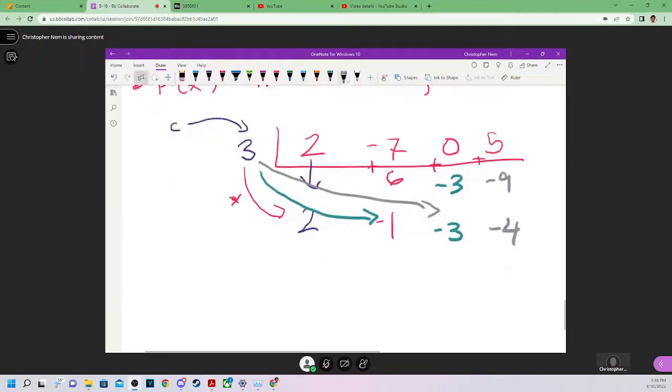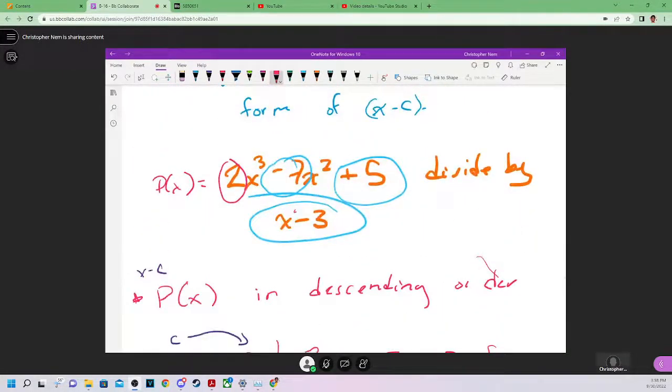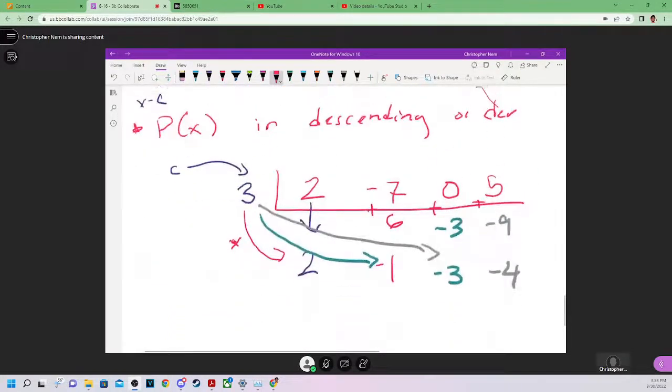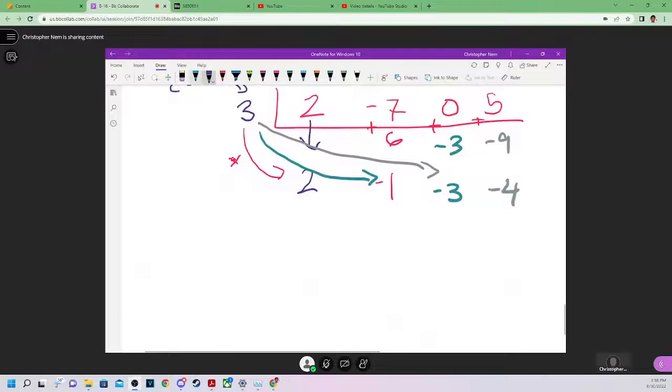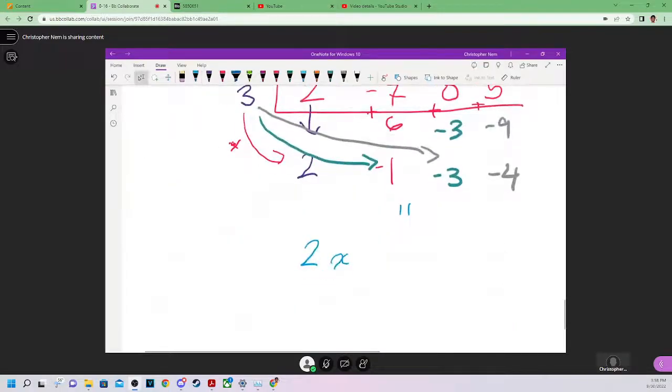So now that you have this, you can re-express your polynomial. Since we divided by x to the first power, from x cubed we're going to go down 1 power each time. So instead, this is going to be 2x squared minus 1x minus 3.